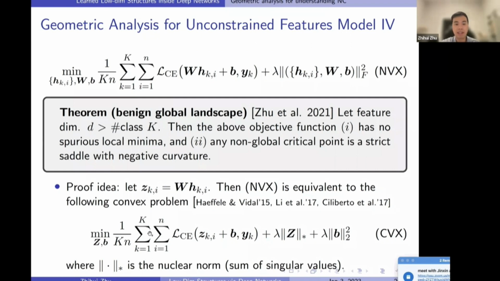In particular, if we let W multiplied by H be a new variable Z, then this non-convex problem is related to the following convex problem in terms of Z and the bias vector b. And the weight decay in terms of features and classifiers becomes the nuclear norm in terms of Z. Here the nuclear norm means the sum of singular values.